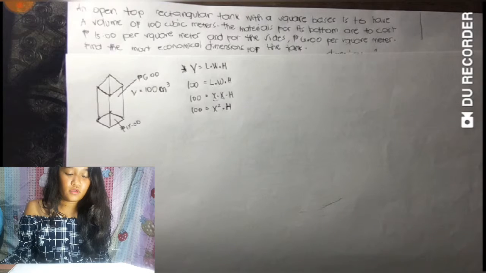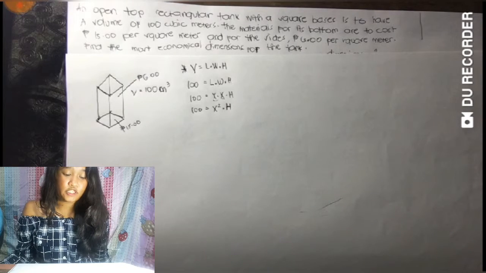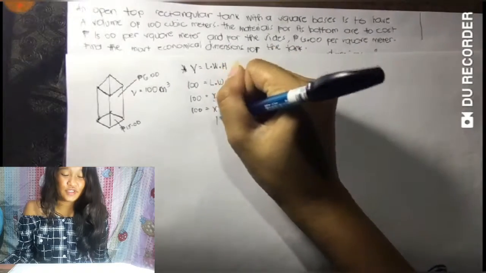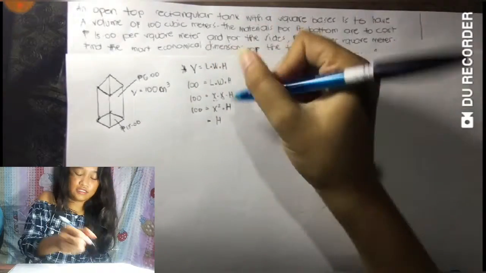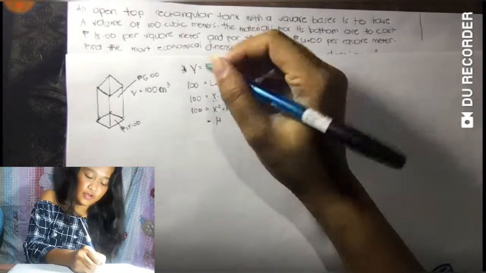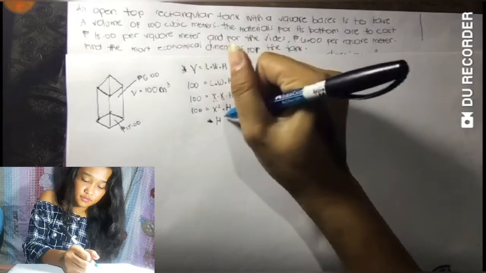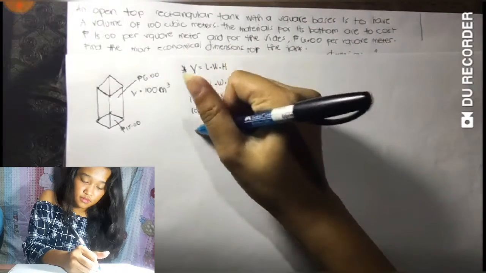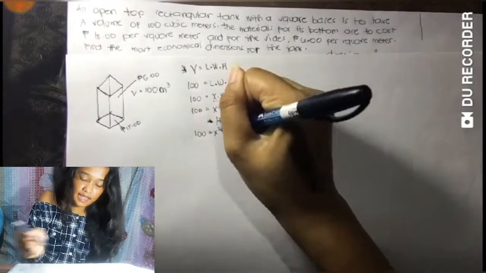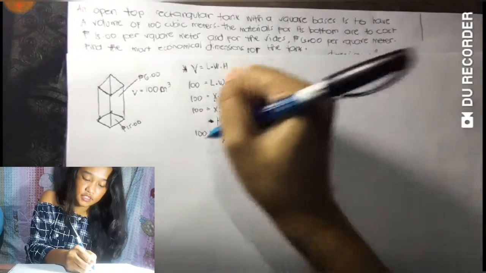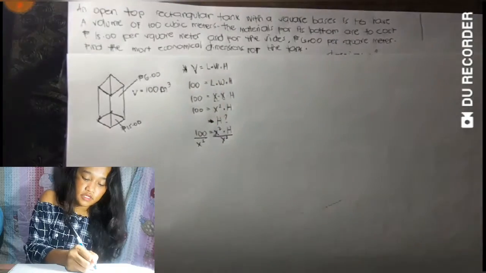To get the formula, or the value of our height, just a representation of the value of our height, we can have it this way. 100 is equal to x squared times h, right?